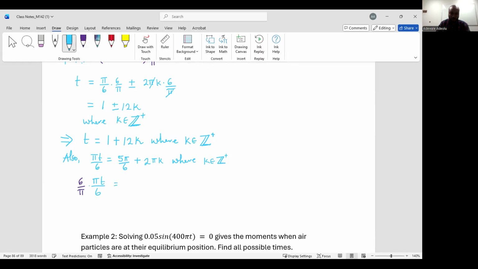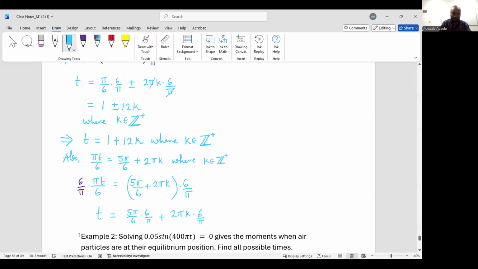So we have 5 pi over 6 plus 2 pi k multiplied by 6 over pi. If we do that, we have t equals 5 pi over 6 times 6 over pi plus 2 pi k times 6 over pi.